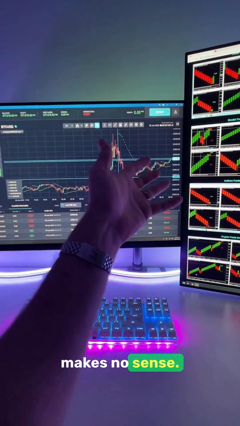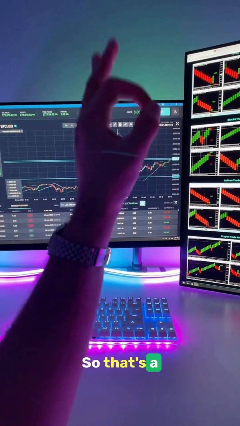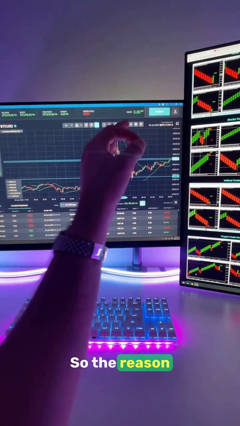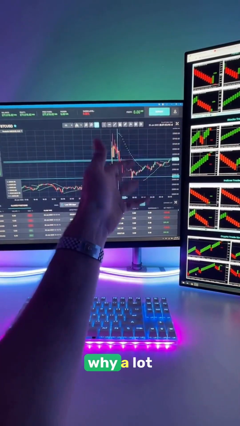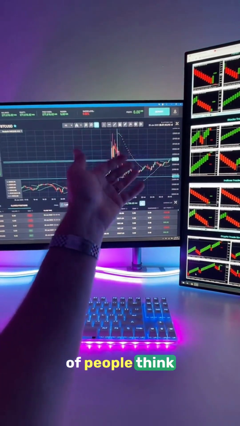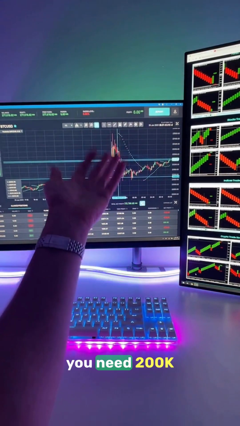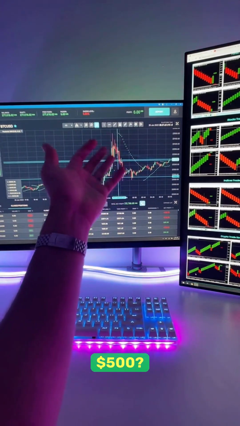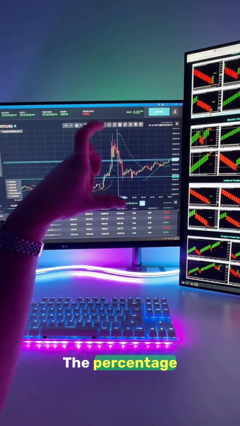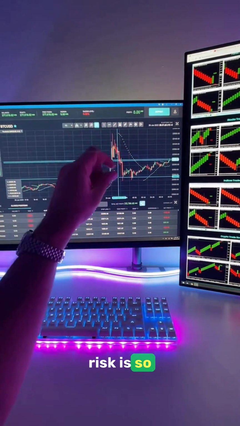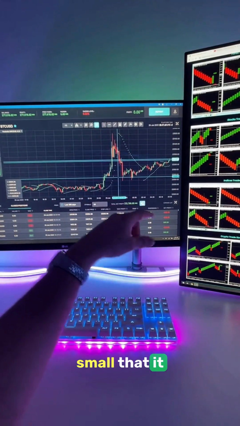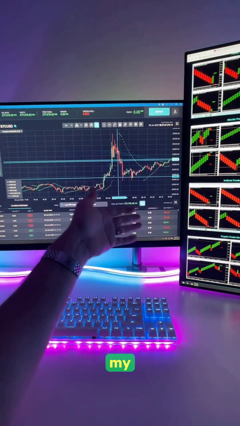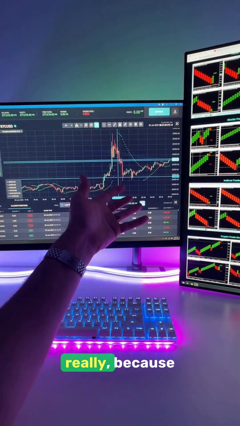Why keep 270K there? That's a really good question. A lot of people think the same thing: why do you need 200K in that account if you're just trying to make $500? Because here's the thing: the percentage of risk is so small that it doesn't affect my account at all, really.